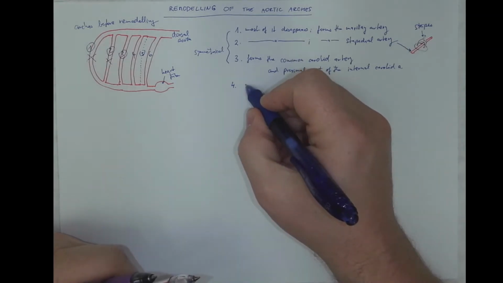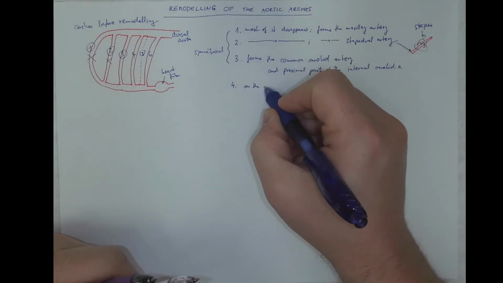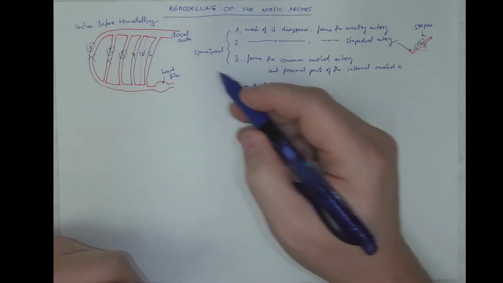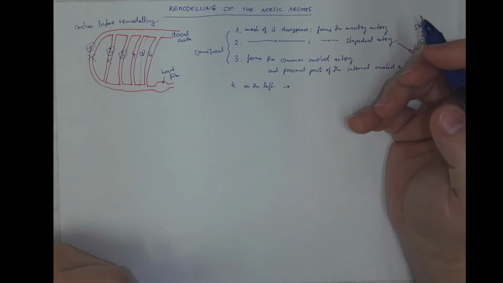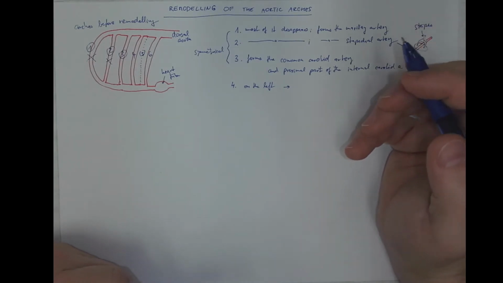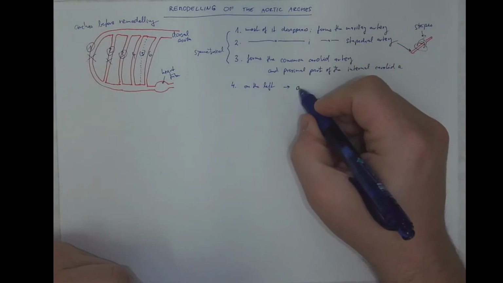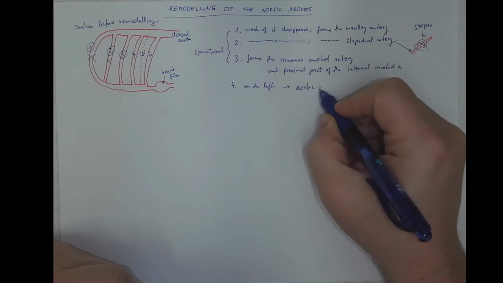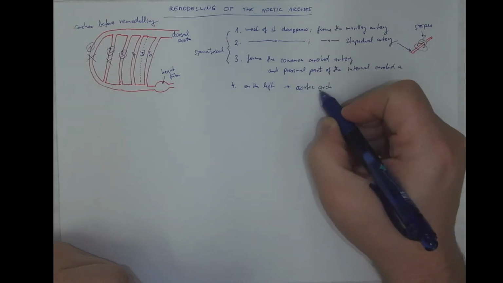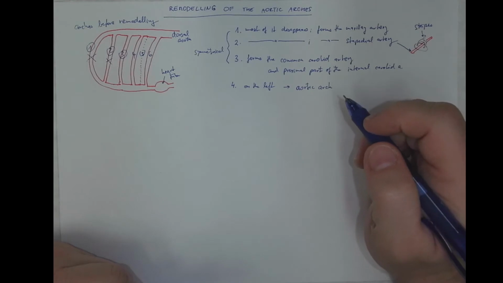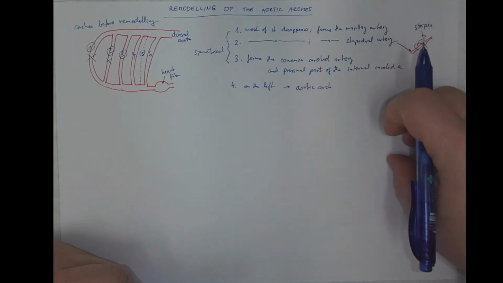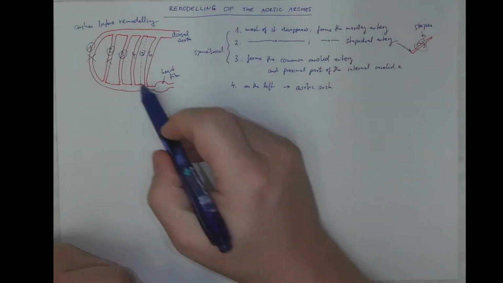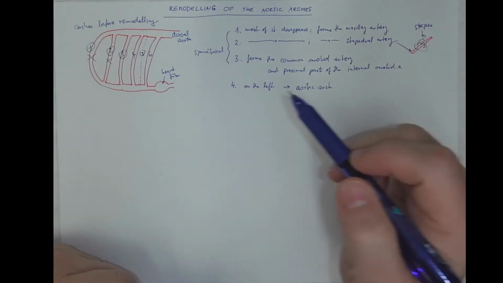So on the left, the fourth arch forms the aortic arch in the narrow sense of the word. That's the one you know from anatomy, the one from the ascending aorta, the arch, and the descending aorta. That's actually the fourth arch.